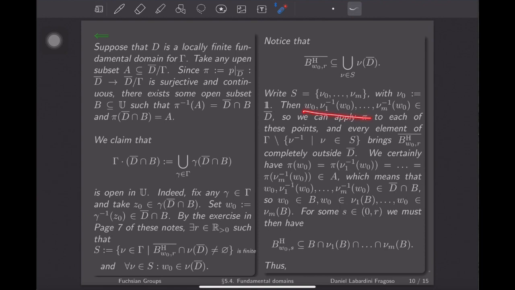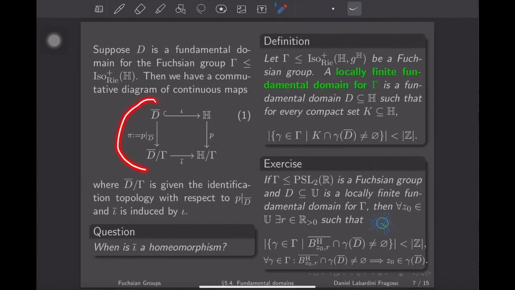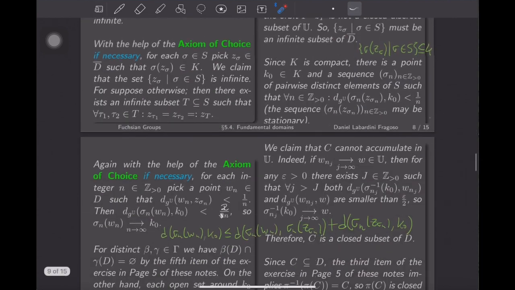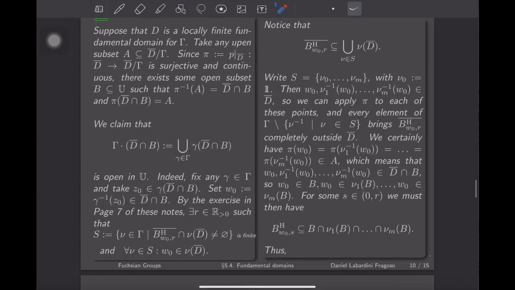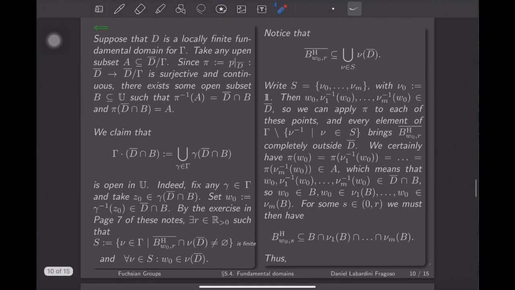And being in D bar, it makes sense to apply pi, because pi, by definition, is only defined in D bar. So what I'm doing here is that it makes sense to apply pi to each of these.